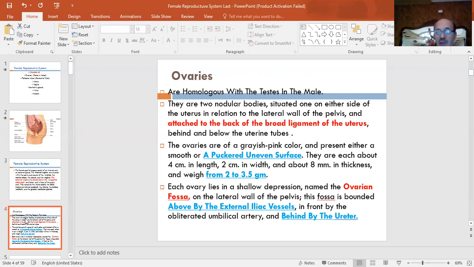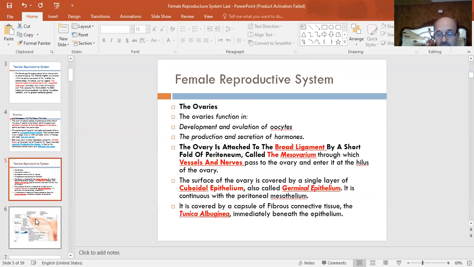They are attached to the back of the broad ligament of the uterus below the uterine tube. They are about 4 centimeters in length, 2 centimeters in width, etc. They are bounded above by the external iliac vessels and in front by the ureter. So these are the important anatomical relations.